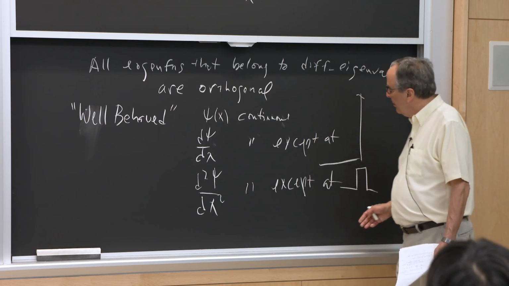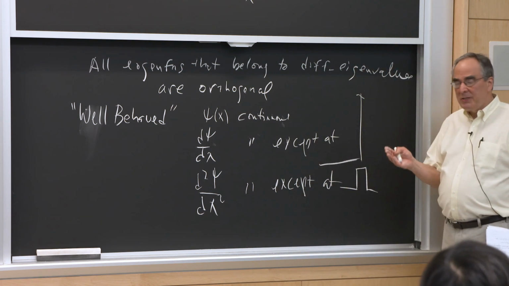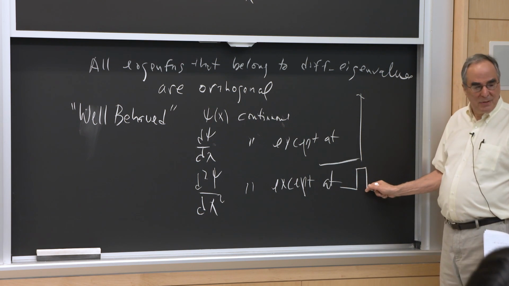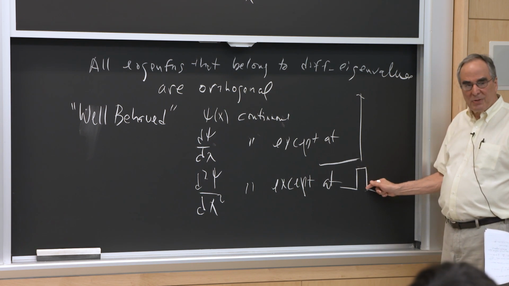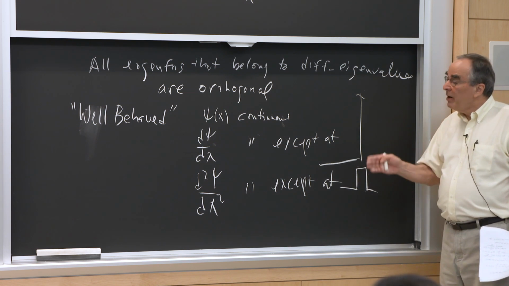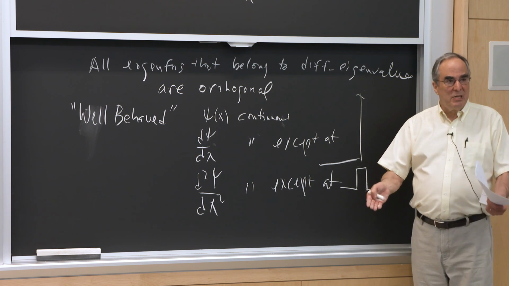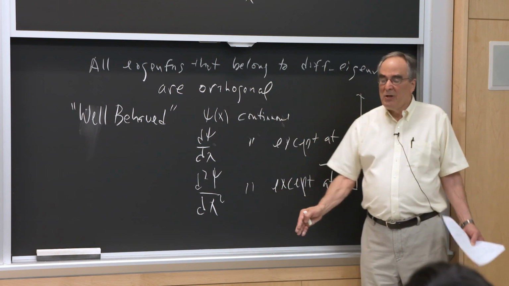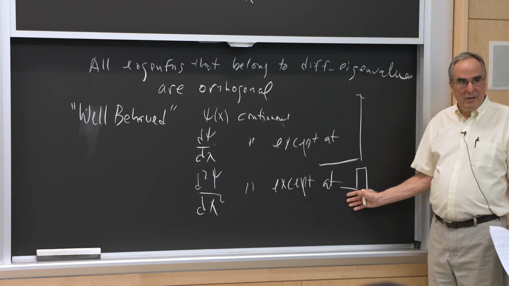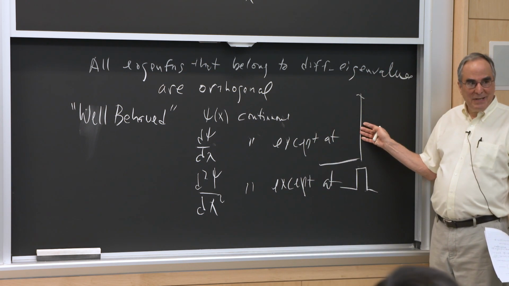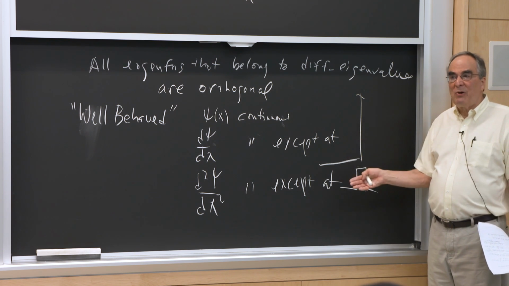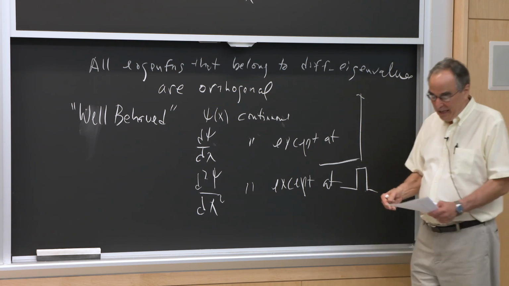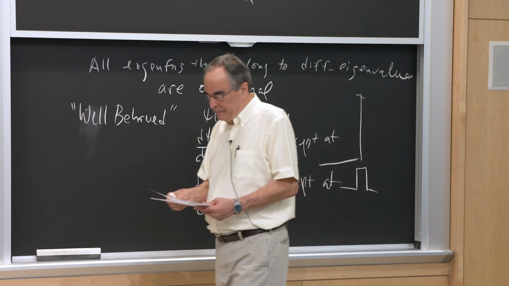Now most real systems don't have infinite walls or infinitely sharp steps. So for calculation of physically reasonable things, the wave function, the first derivative, and the second derivative are continuous. But for solving a problem, we like these steps because then we know how to impose boundary conditions. And that gets us a much easier thing to calculate.